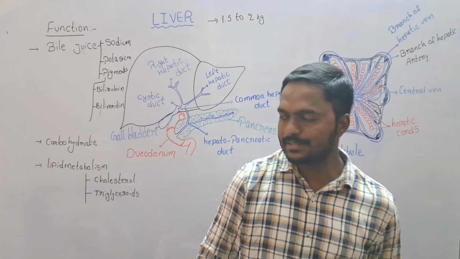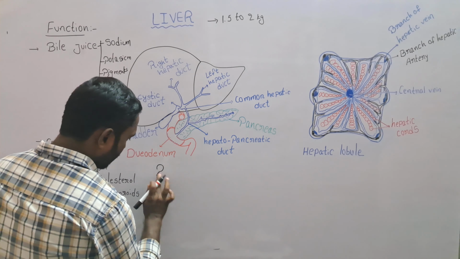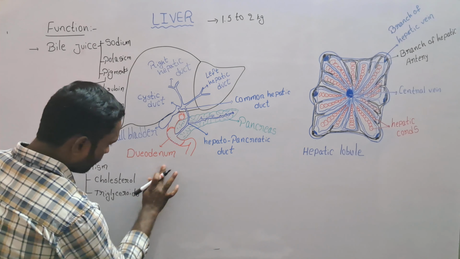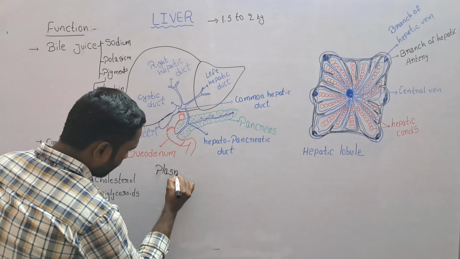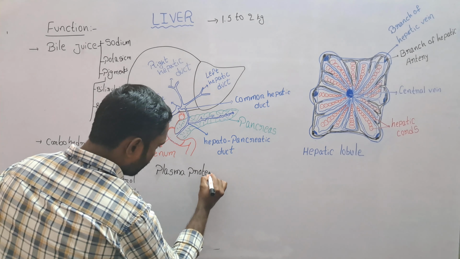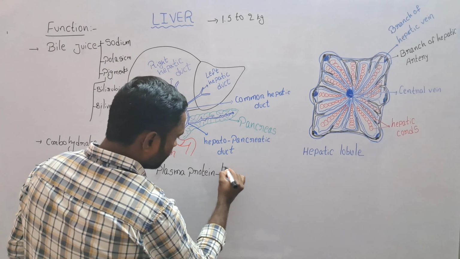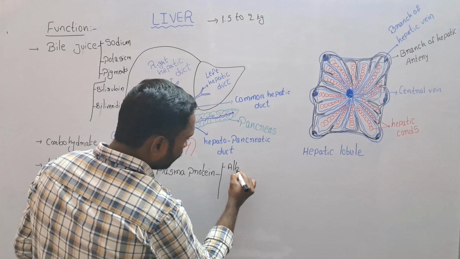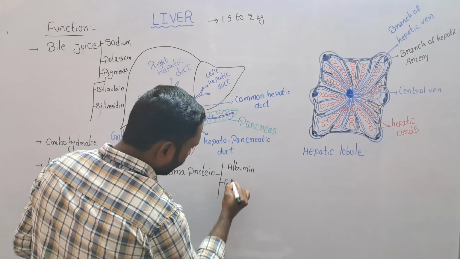The liver synthesizes plasma proteins, such as albumin and globulin.